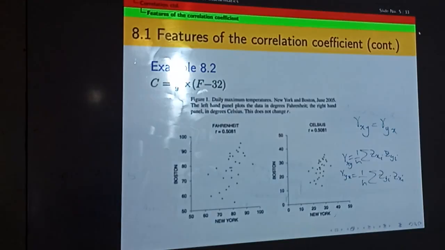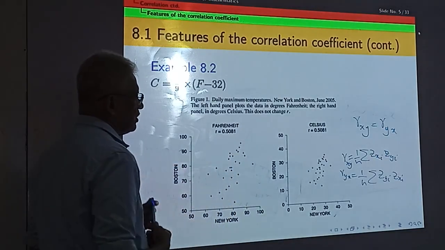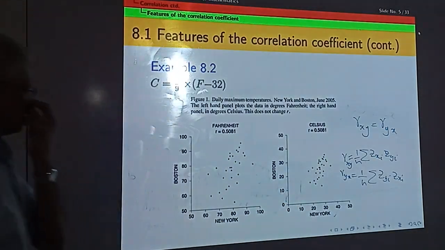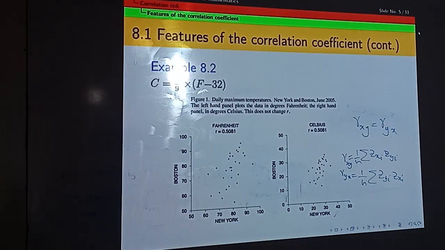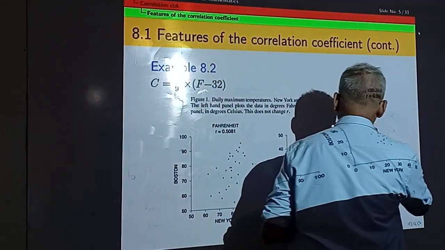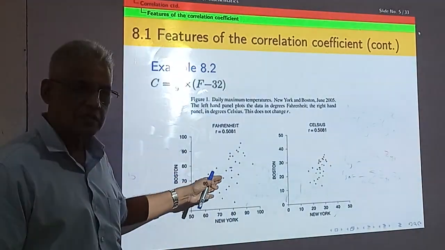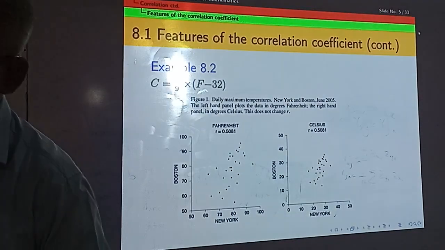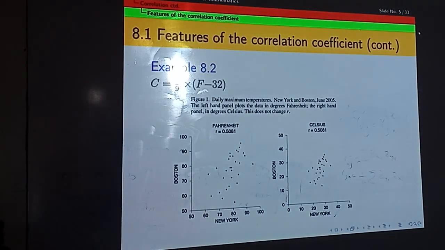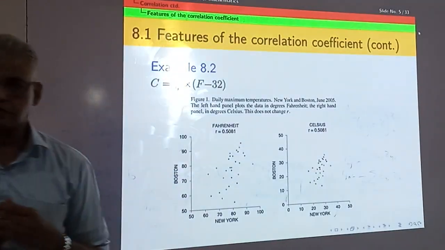If you plot the scatter diagram for the Fahrenheit, you have this one. For the Celsius, this one. By looking at the graph, we cannot say whether the correlation is the same or not. Different people might have different answers. Somebody might say that in this case the correlation is higher than in this one, but that is because of the scale. If you really calculate the correlation, r is the same.